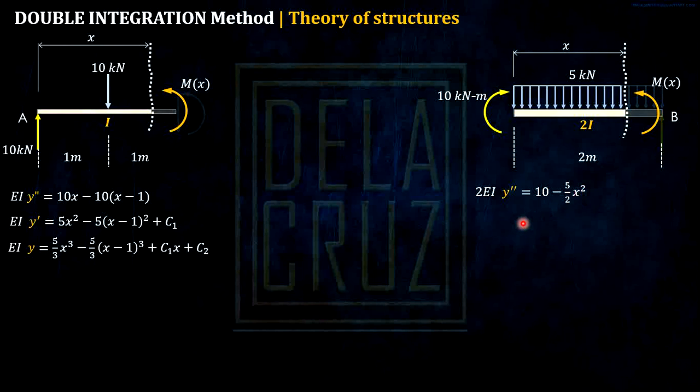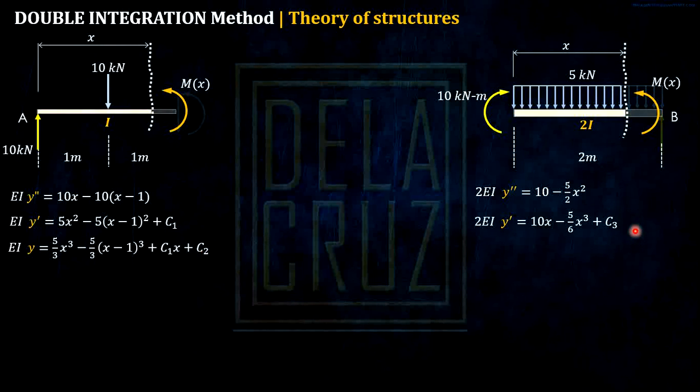Integrating both sides to y prime, that will be 10x, integrating this 10 giving an x variable, minus 5x cubed over 2 times 3, that will be 5/6, plus a constant of integration. We will call this C3, because here we called this C2.